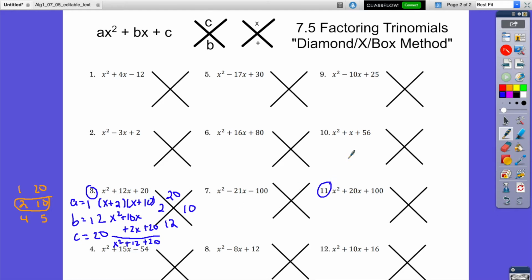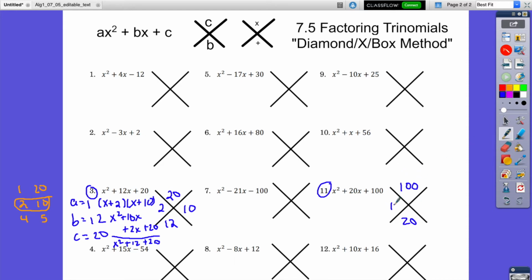Okay, I'm going to skip over here to number 11. We're going to stick right now with just the positives. So c in this case is 100, so I'll put that up here. B in this case is 20, so I'll put that right here. And so now, what two numbers multiply to 100, but add to 20? So we can write them all out, but I think you can figure this out.